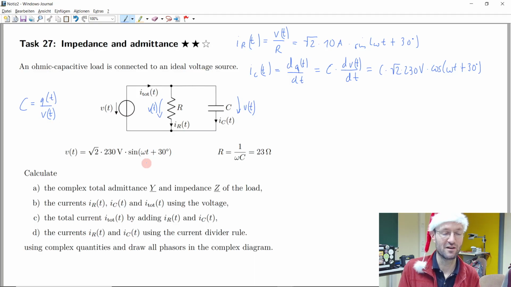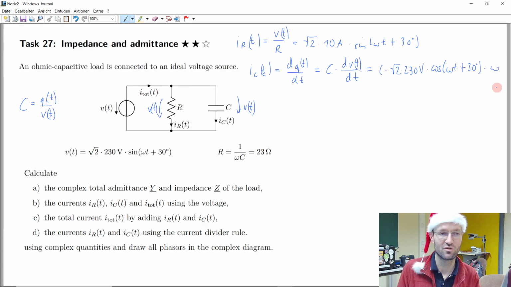We have some nested function. This is the derivative of the outer function, and we need to multiply with the derivative of the inner function. What is the derivative of this inner function with respect to the time? Just omega. So we need to multiply with omega.